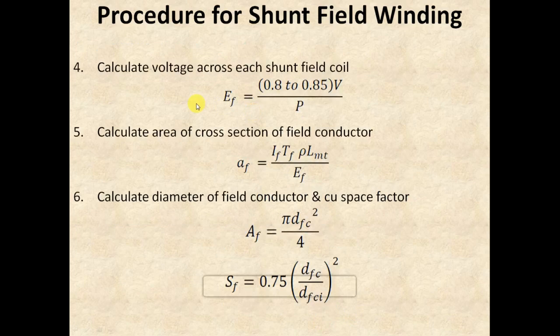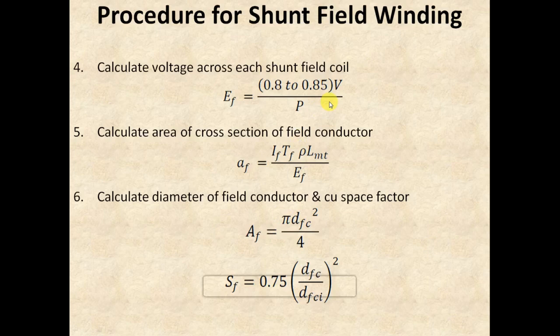Next, in step 4, we will be identifying the voltage across the field coil, that is across each of the field coil. As these field coils are connected in series, in order to identify the voltage across each field coil, we have to divide the total voltage which is being applied across the field winding with the number of poles.